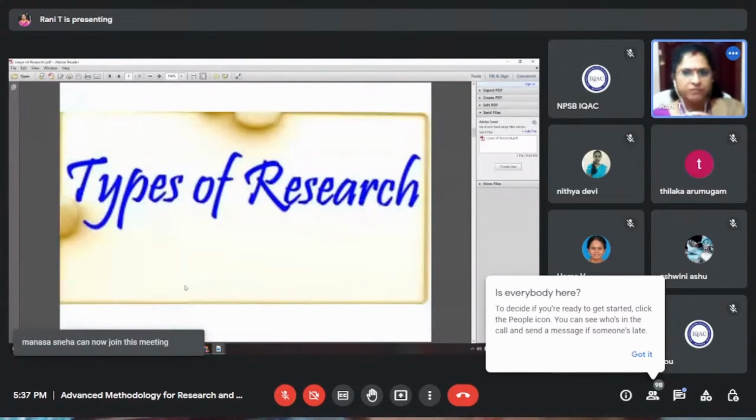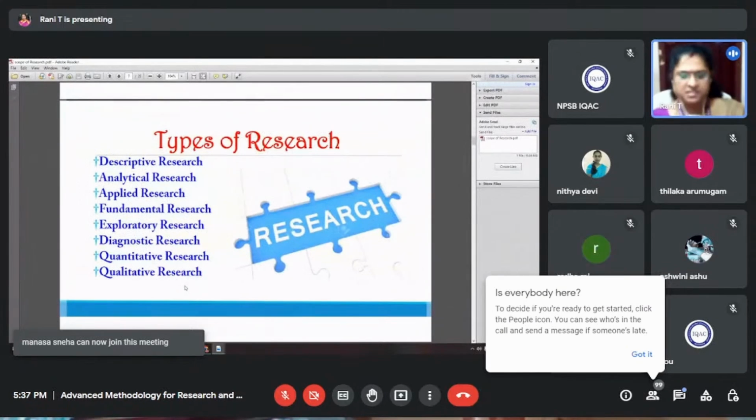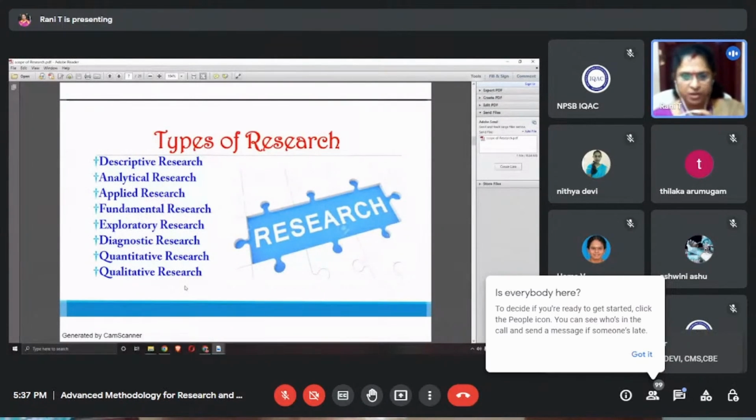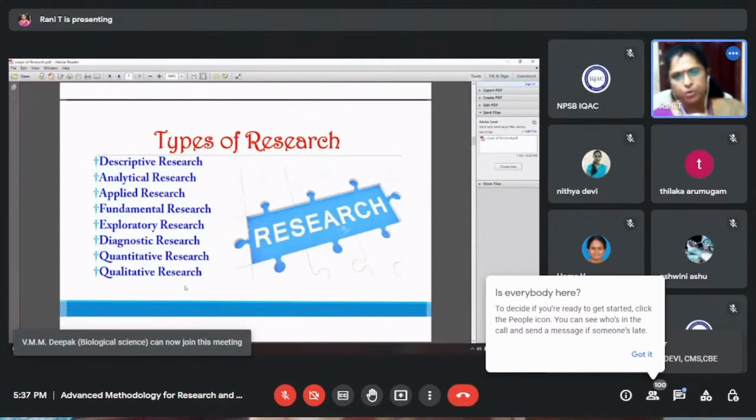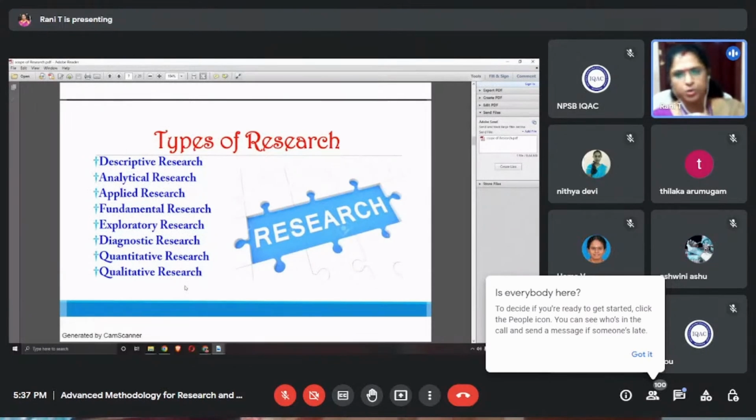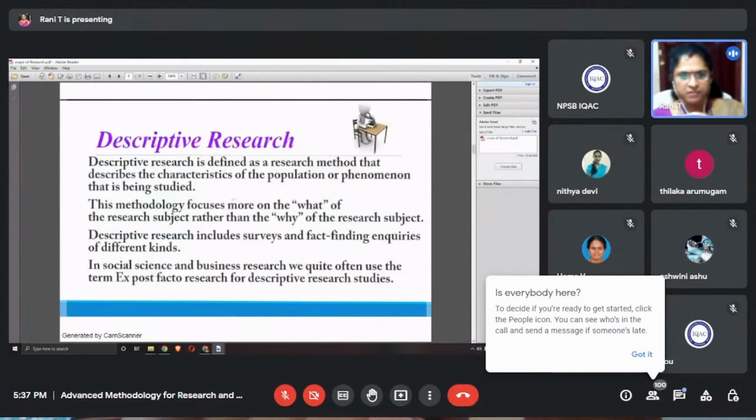And next, we talk about types of research. This is the one I thought of mentioning, because inside Scopus or other recruiter journals, you need to mention what type of research you have used inside your thesis. Here are the classifications inside the types of research, and let me see them one by one.